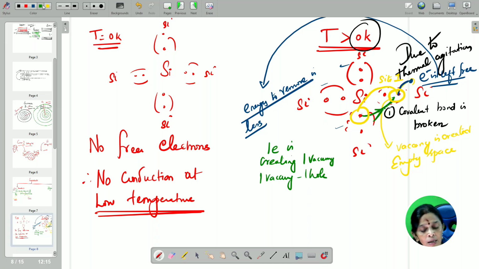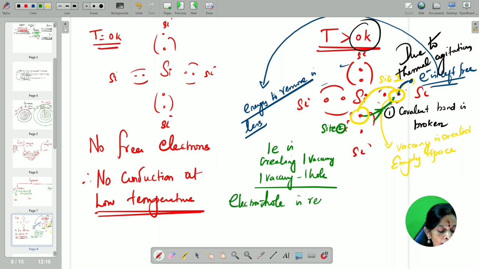Now the hole has moved to site 2. So, apparently the hole is moving here. Therefore, the hole is also responsible for conduction. So, a hole and an electron are responsible for conduction. Electron and hole are responsible for conduction.